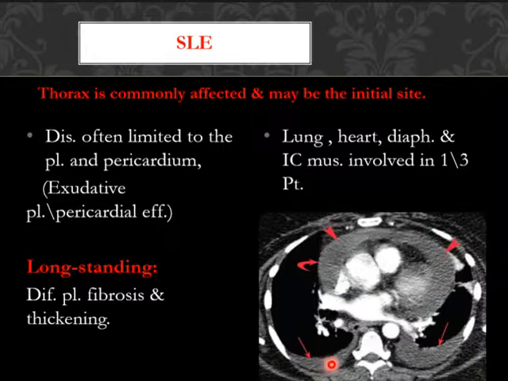In this case we see bilateral pleural effusion and pericardial effusion, and also thickening of the pericardium with enhancement. Although the disease mainly affects the pleura and pericardium, the lung, heart, diaphragm, and intercostal muscles are involved in one third of patients.